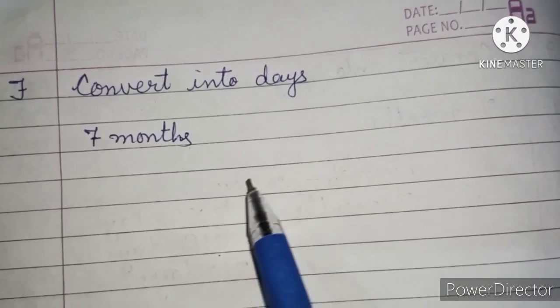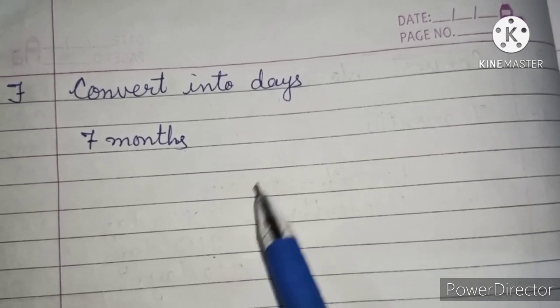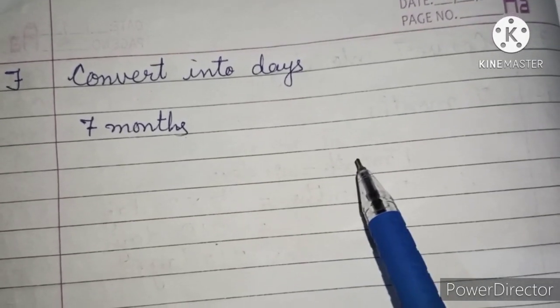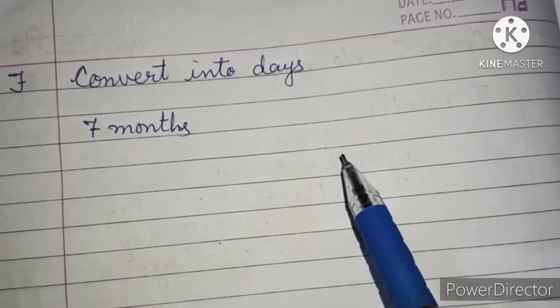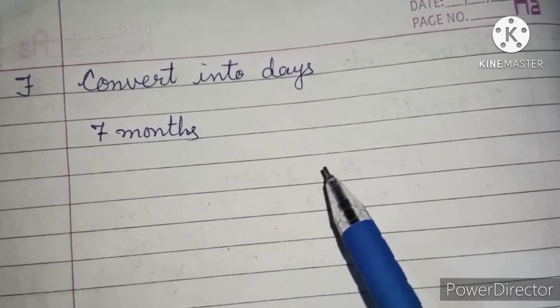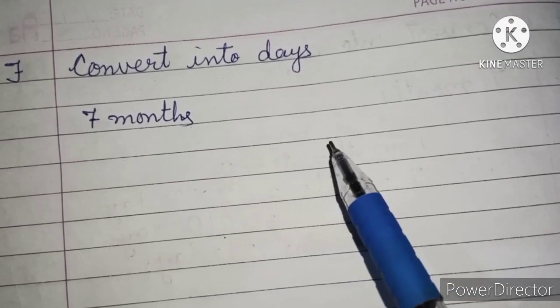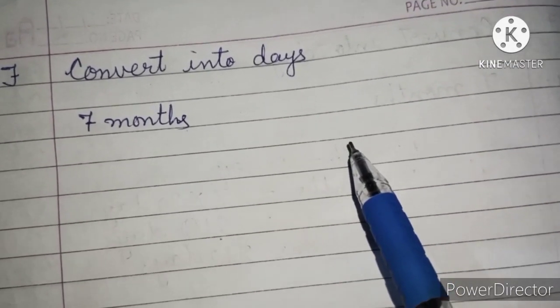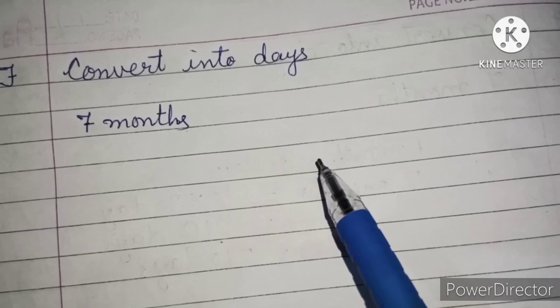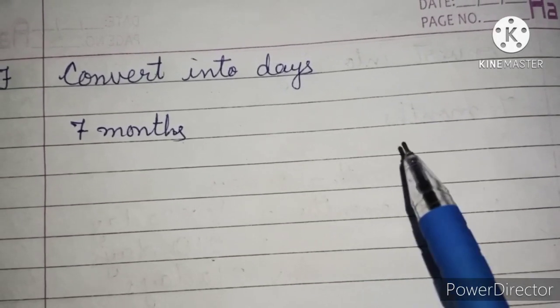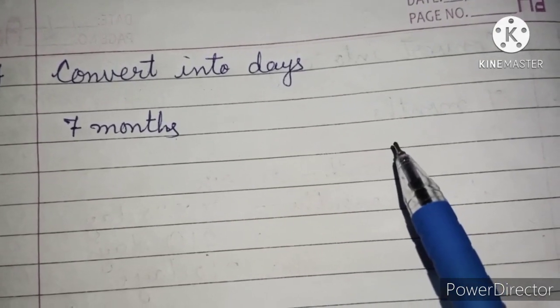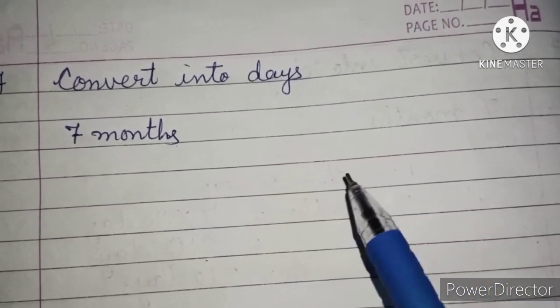So children, to convert months into days, we have to multiply the months by 30. Listen carefully. When we multiply the months by 30, months will change into days. Okay? So let's solve the question.